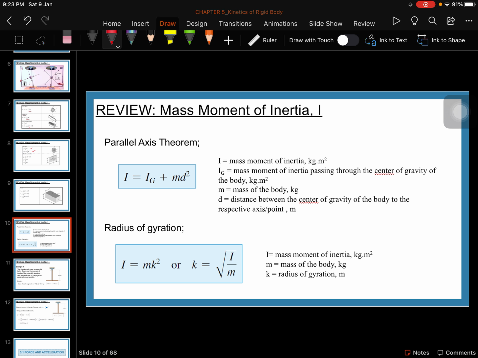We will also use the formula for radius of gyration, which is I equal to mk square, or k equal to square root of I over m, where k is the radius of gyration.